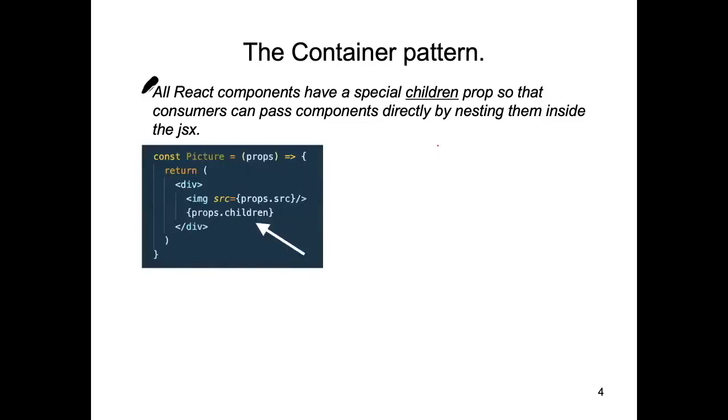So if you see my simple picture component here, in the middle of its JSX, I'm referring to the children prop. So how does this get its value? Where does it get its value from? Whatever it evaluates to, it's obviously going to be inserted into the middle of this JSX of picture.